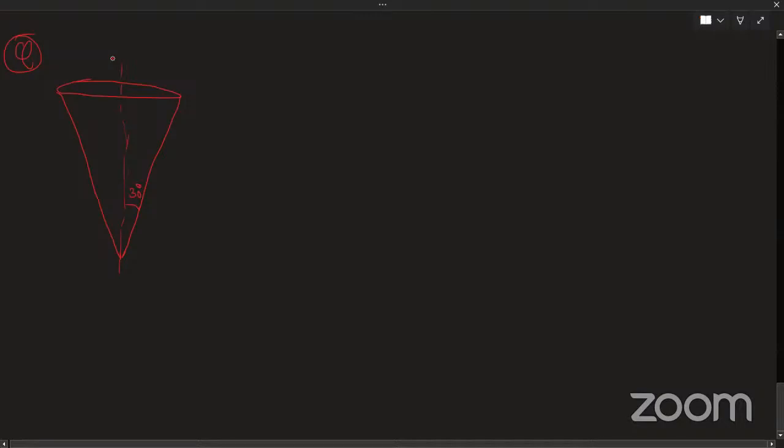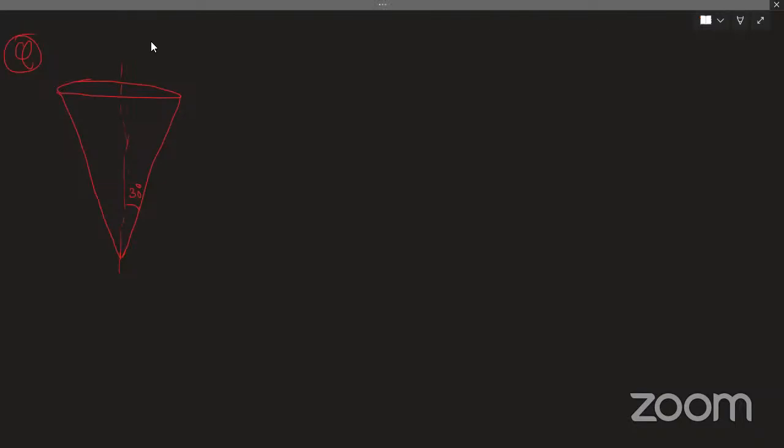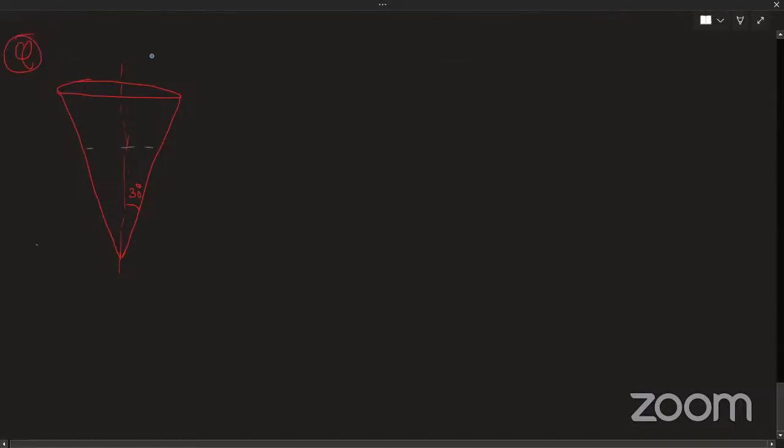It is already specified that the cone has this angle of 30 degrees. And water is being poured into this cone. So from the top, you have got a tap, and from that, water is getting poured in.